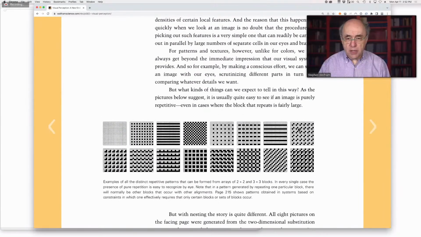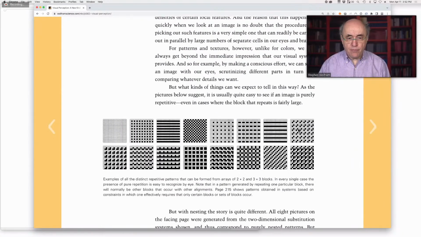So let's see. This is kind of the combinatorics of texture recognition. This is sort of all possible textures and the fact that we can easily recognize the repetition of these textures. We can easily recognize that these are repetitive patterns.